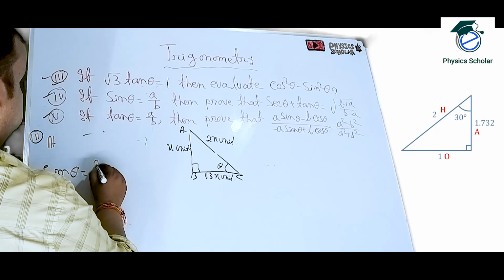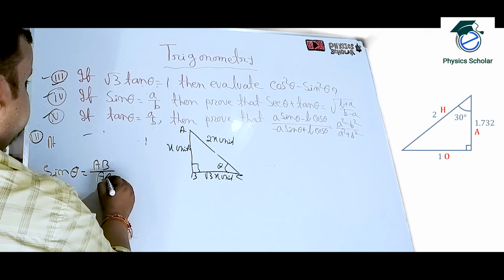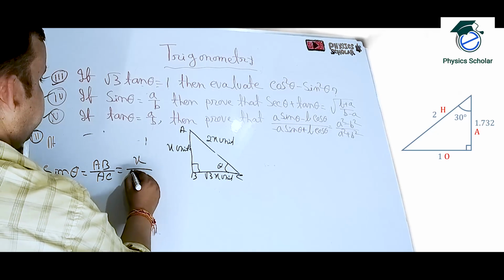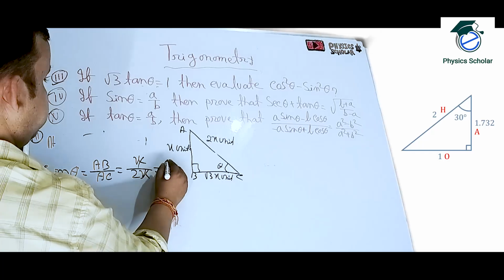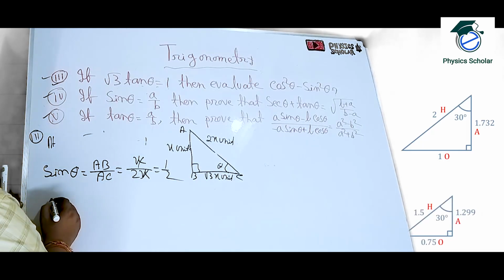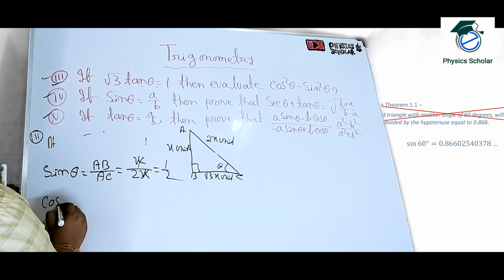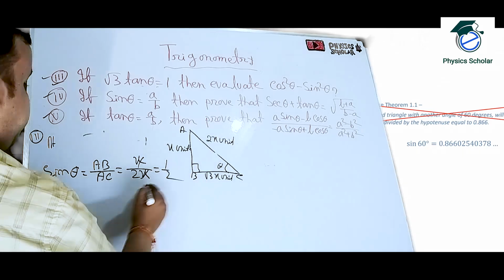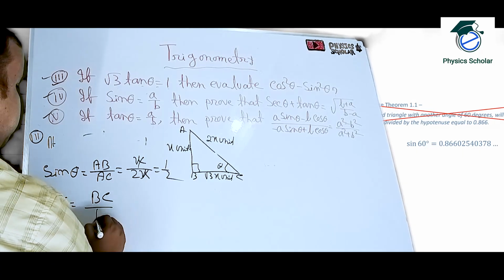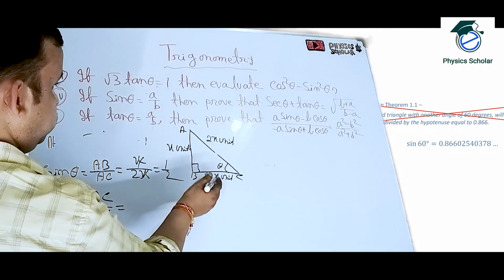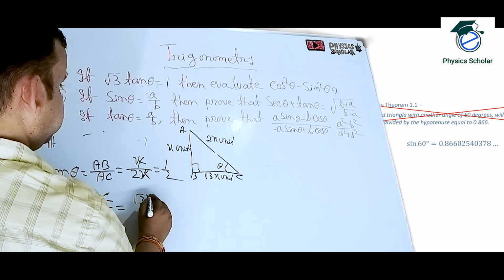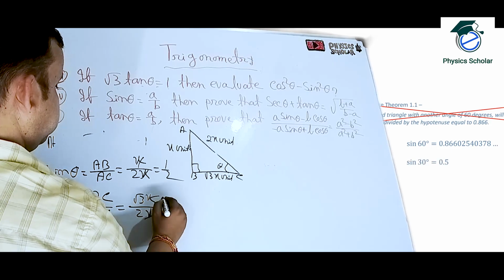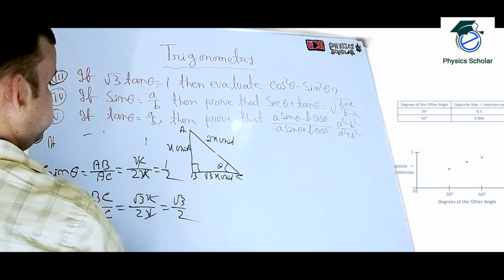Perpendicular by hypotenuse, that means AB by AC. So what is perpendicular? x by twice x. x will be cancelled, then half. Okay. So cos theta is equal to what? Base. Base means BC by hypotenuse AC is equal to root 3x by 2x. So root 3 by 2.